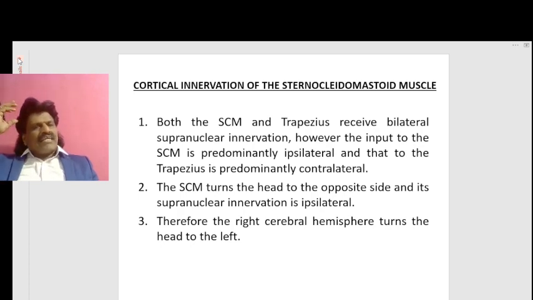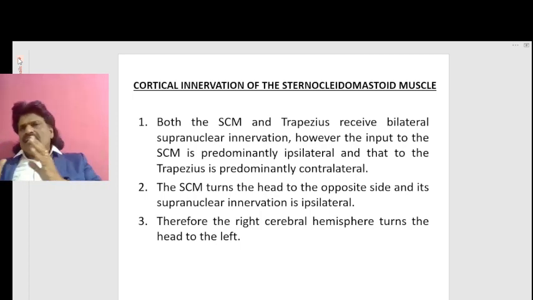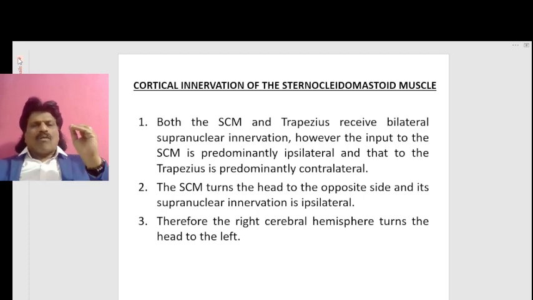Likewise, frontal eye fields area number 8, when stimulated, pushes the eyes to the opposite side, known as saccadic movement. So when the right frontal cortex is stimulated, the eyes move to the left side, and the head also moves to the left side because of the contraction of the sternocleidomastoid muscle. The sternocleidomastoid muscle turns the head to the opposite side and its supranuclear innervation is ipsilateral. Therefore, the right cerebral hemisphere turns the head to the left side.